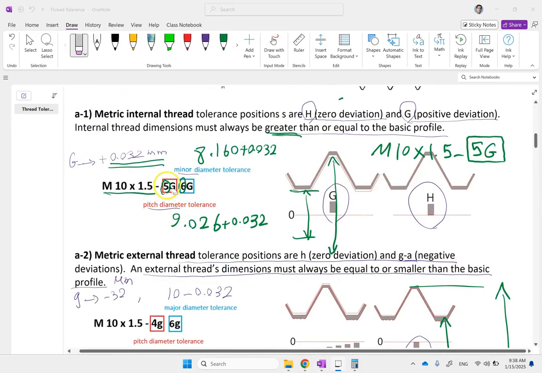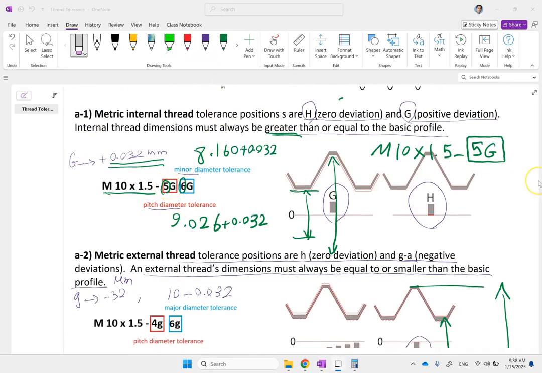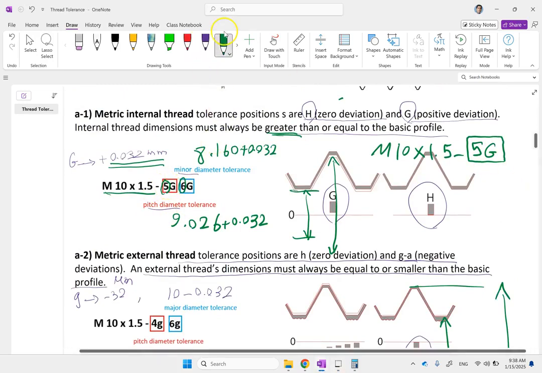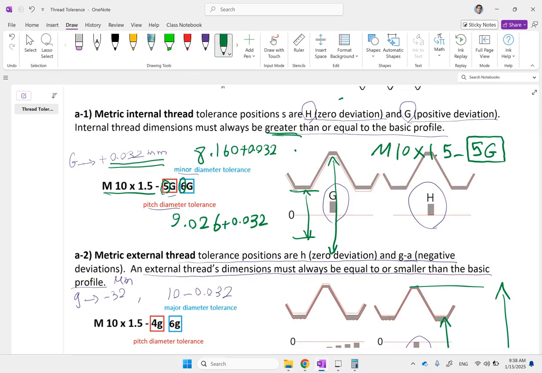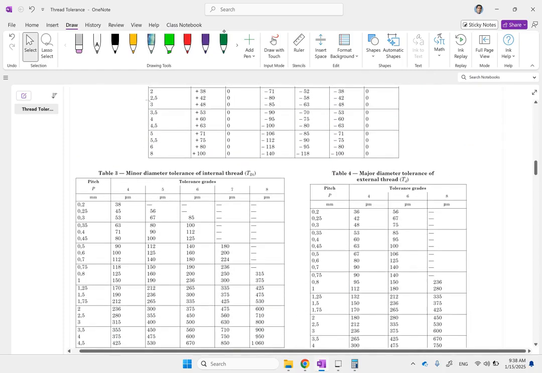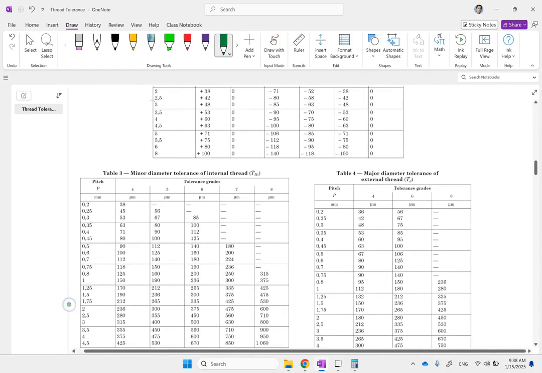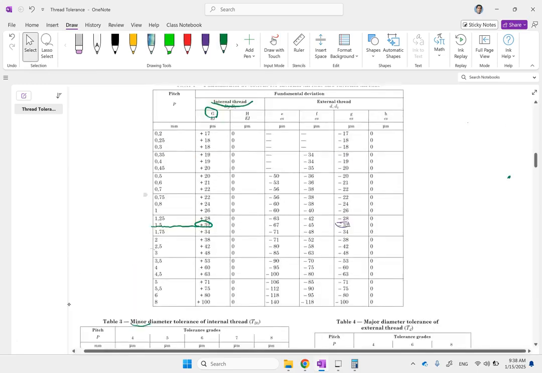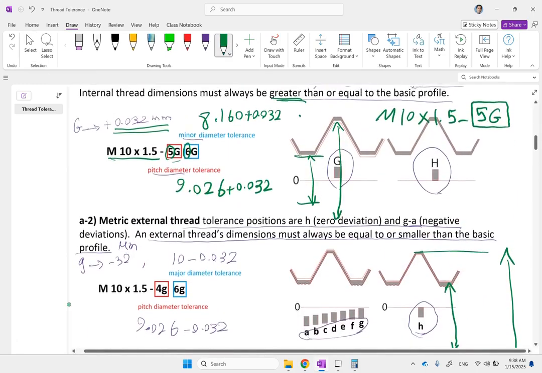So here, if you look at the internal thread, we have class 5 for pitch and 6 for minor. So 6 minor and 5 pitch. So let's go down for minor. Remember, it was 5G, 6G. So 6, if you remember, 6 is for minor.